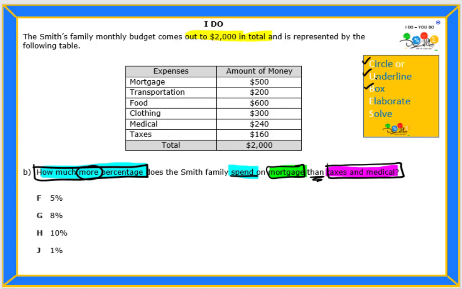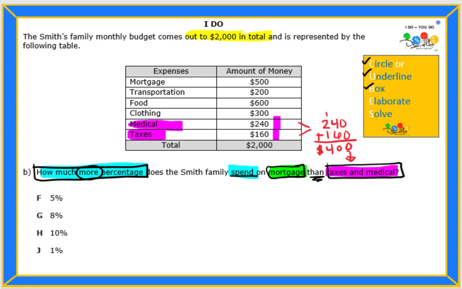And it says, how much more is mortgage than taxes and medical? So the first thing I'm going to do is get taxes and medical and put those together. That's 240 and 160. So if I put those together, the sum is $400.